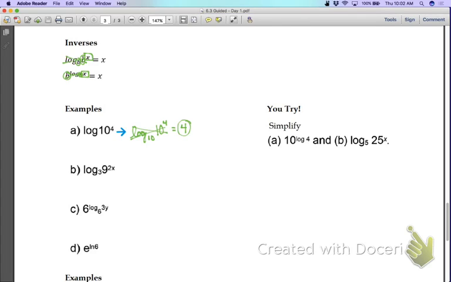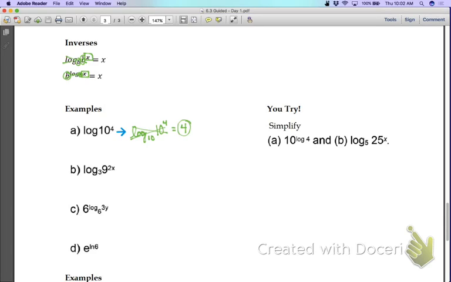Now, if you don't have the same base, like on B, where I have log base 3 of 9, can I rewrite 9? Can I go to my list or my table over here on the right side of the board? Can I rewrite 9 with a base of 3?